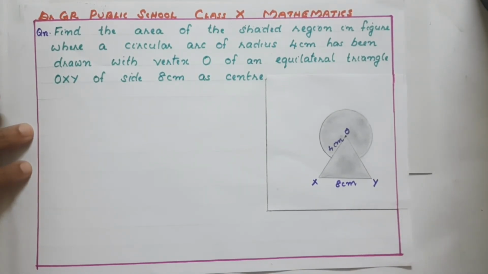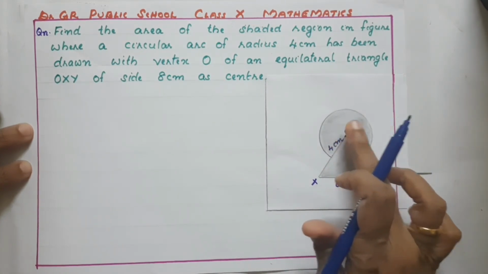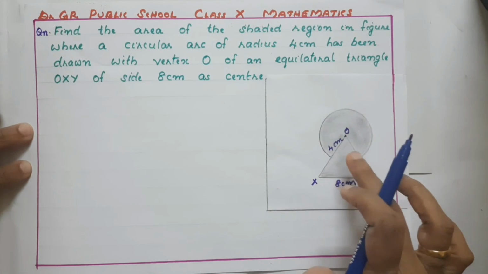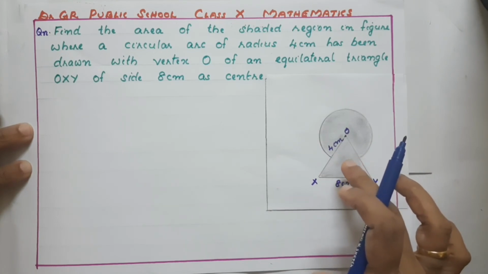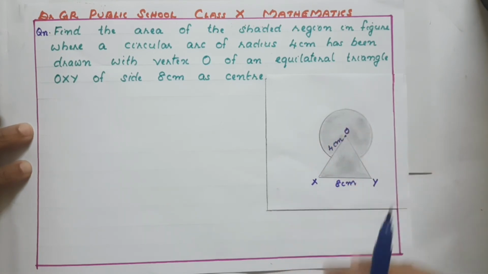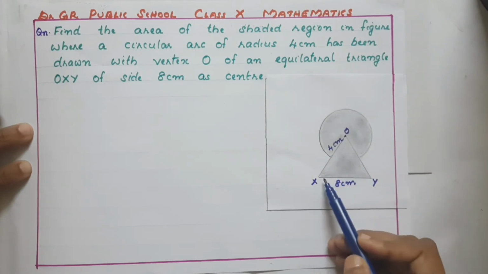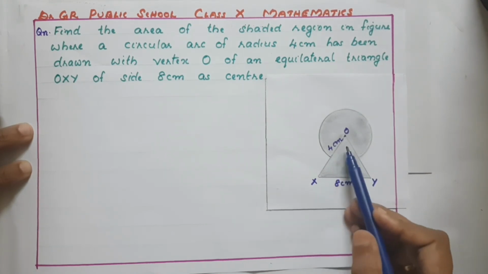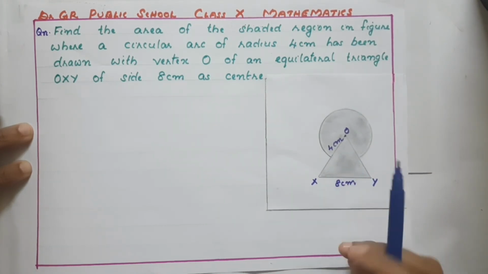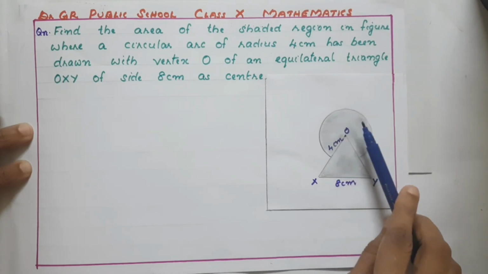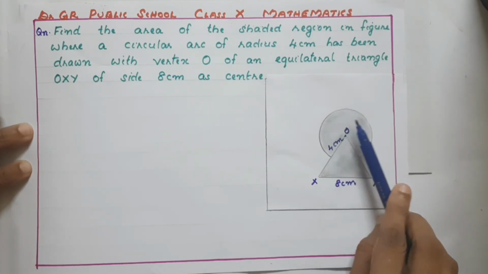Now how will we get this area of shaded region? That is the total area of the figure, isn't it? So which parts are shaded? The complete equilateral triangle is shaded. Then this part is also shaded.